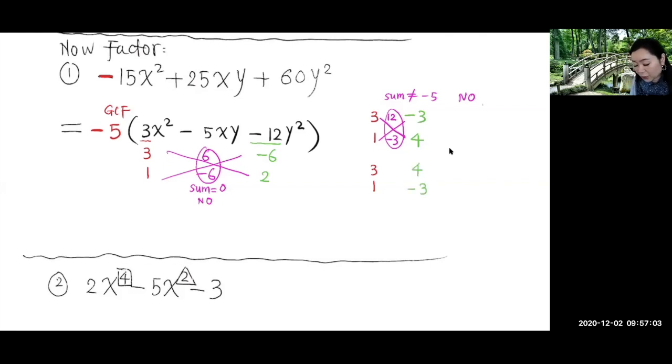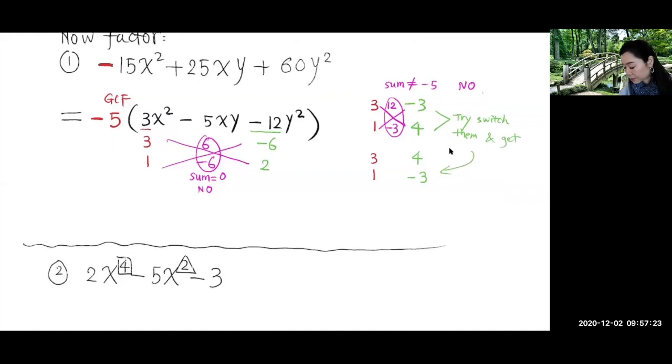So sometimes if it doesn't work, then you can try to switch them. And get this. Now let's see what works. 3 times this is -9. 1 times 4 is 4. The sum over here is indeed equal to -5. So yes, that's the right choice.